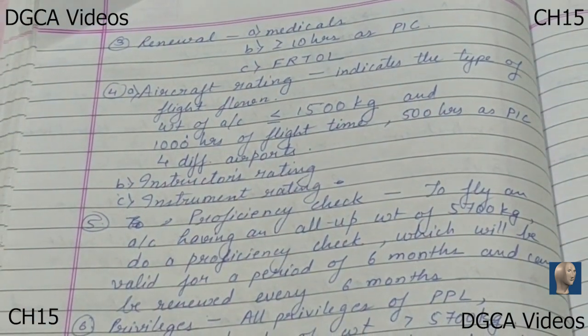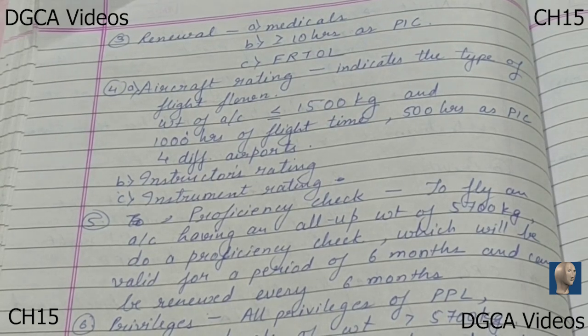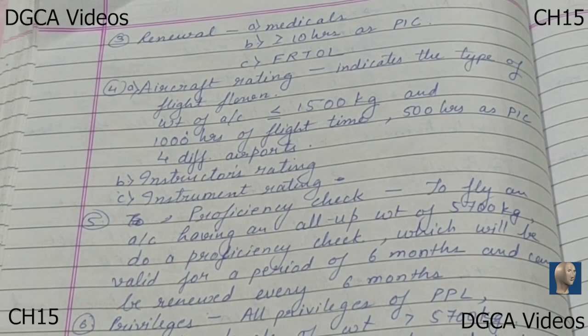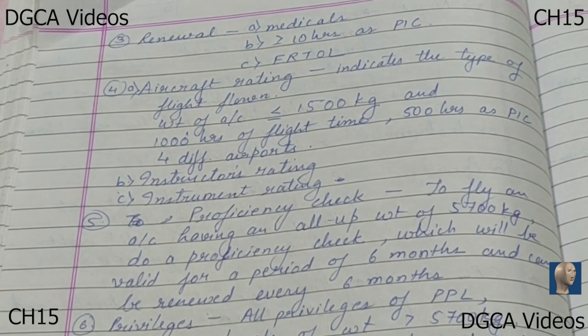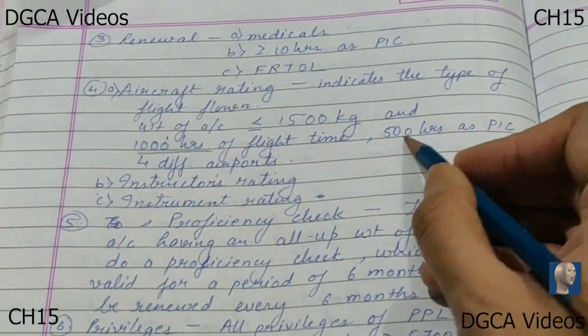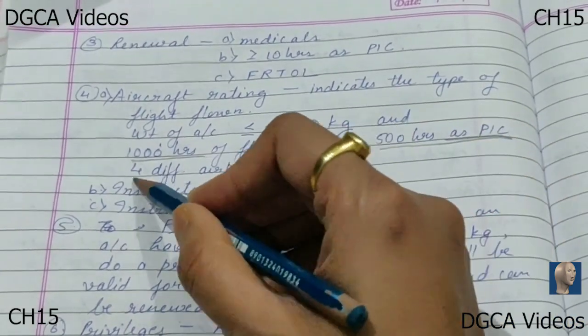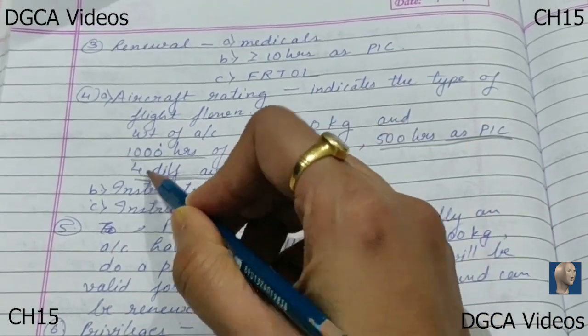On such types of aeroplane, the permission will be granted for ratings, and it should have at least 1000 hours of flying time, right? 1000 hours of flying time, this is important, and at least 500 hours as pilot in command in 4 different airports.